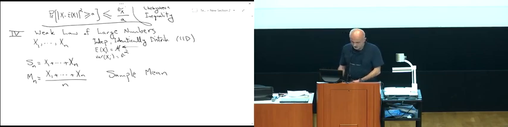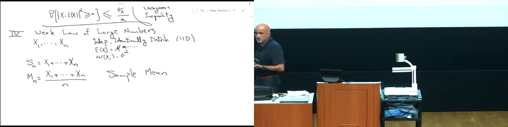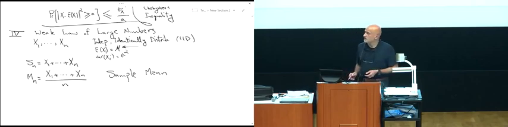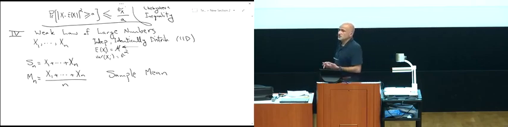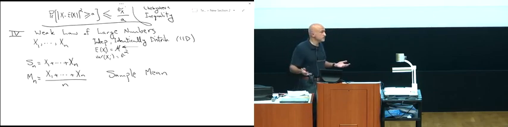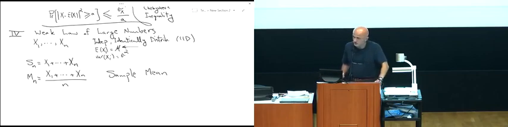So with regard to the earlier question, as n increases, you would like the sample mean to approach what? The true mean, in some sense. You want this Mn to be a more accurate version of the true mean as you increase the number of people you ask, or as you increase the number of random variables that you average over.